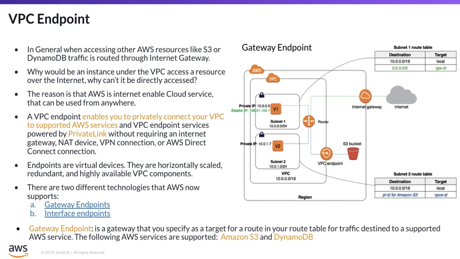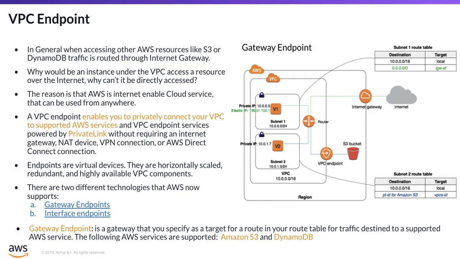So at the end, we saw that we tried to establish the endpoint. Let's understand what these endpoints really are. Basically, in general, for any resource like S3 or DynamoDB or a few other resources, whenever you try to connect to them, the traffic is routed through the internet gateway.